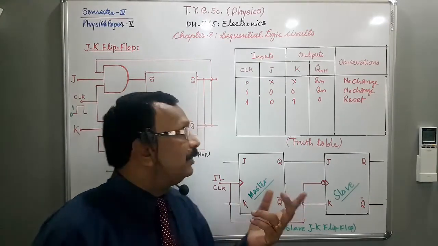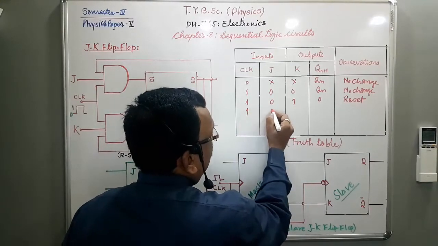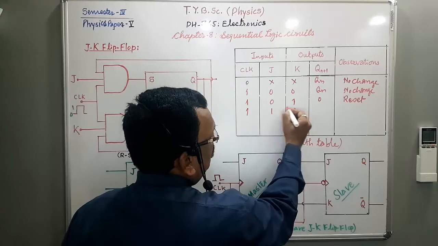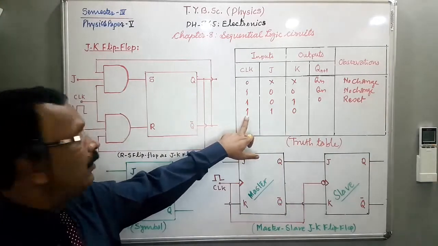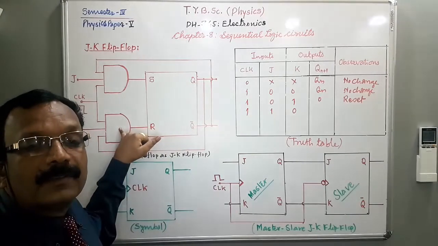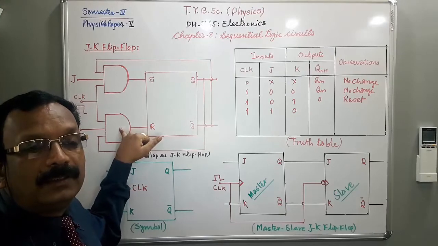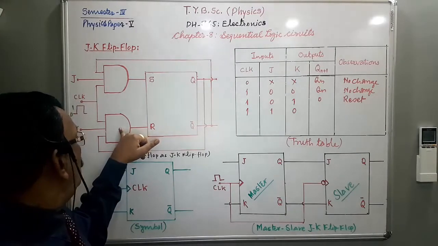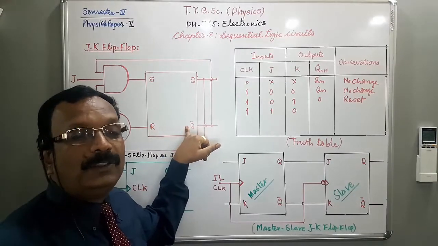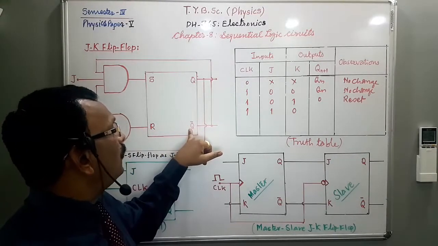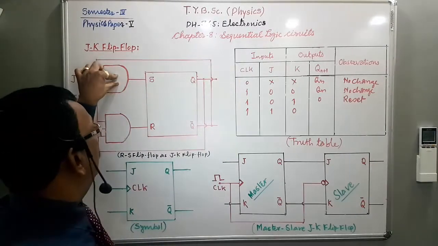Now exactly the opposite condition, when clock pulse is high but J is equal to 1 and K is equal to 0. For this condition, the lower AND gate is disabled. Q bar is equal to 1, and absolutely this is fed back to the upper AND gate.